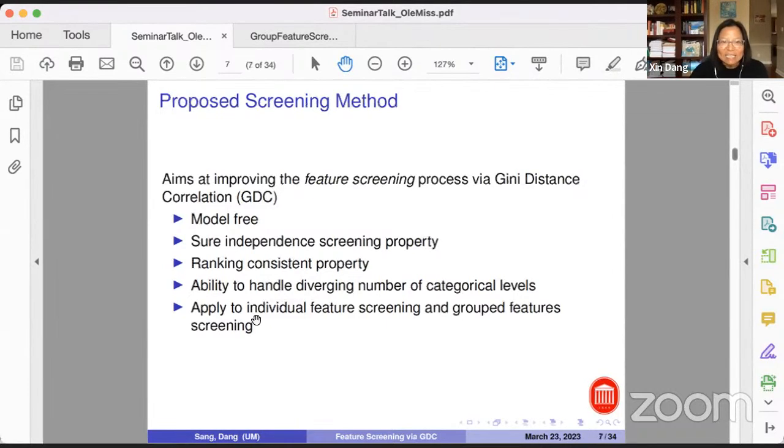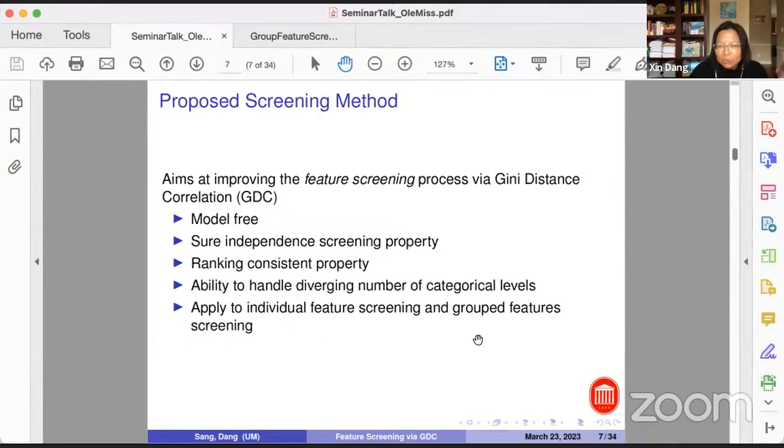The last thing is they can be applied to individual feature screening and group feature screening, which means your features can be screened individually to find which individual feature is important. Or if your features are grouped together, we can also say whether this group of features is important or not, as long as you have the groups, okay?